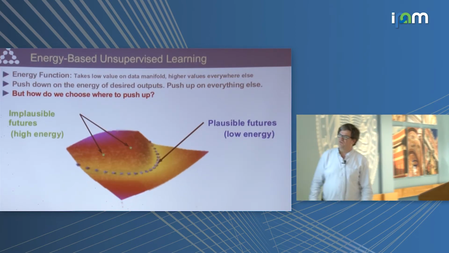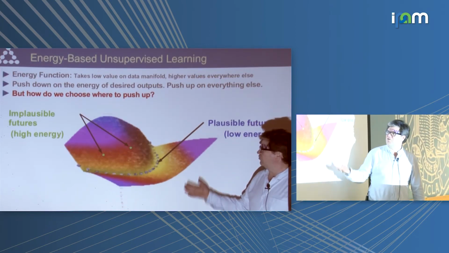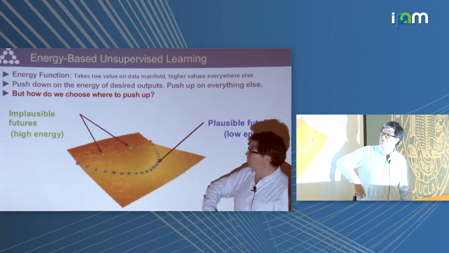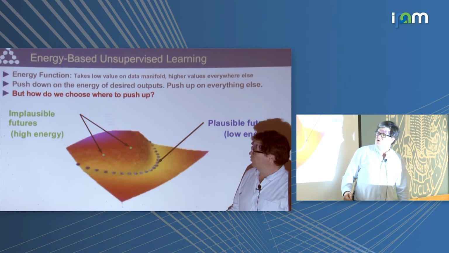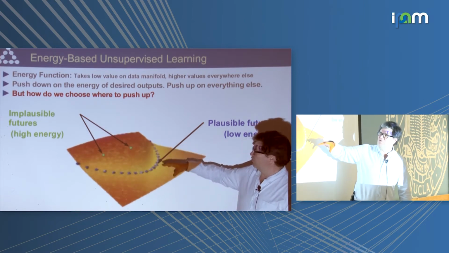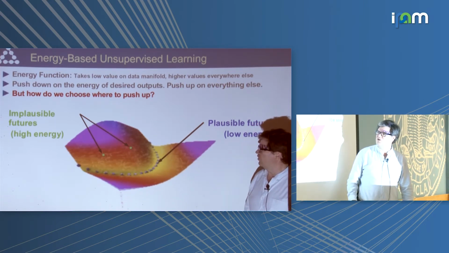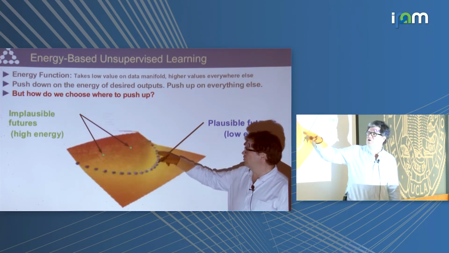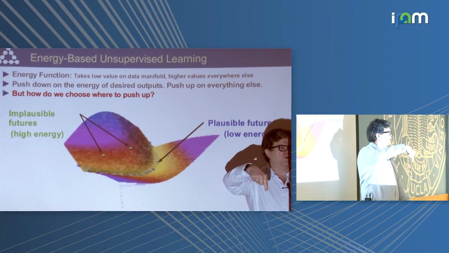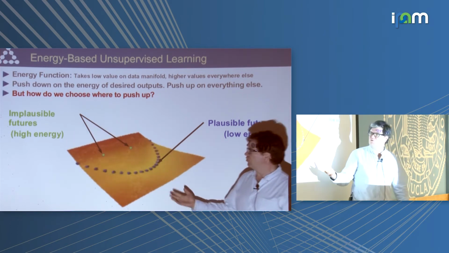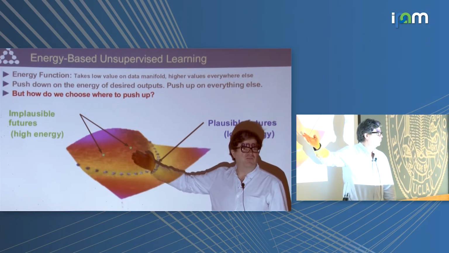These are the training samples, and how do we make sure that this contrast function, which is initially maybe flat, takes higher values outside? If we have a parameterized function that computes this, it's easy enough to make it take low values on the training samples. You just show it a training sample and tune the parameters so that the output goes down, very easy. But how do you make sure it takes higher values outside? That's the hard part.